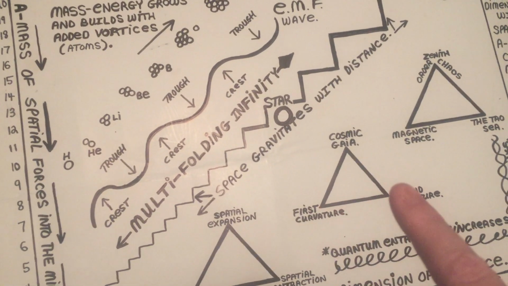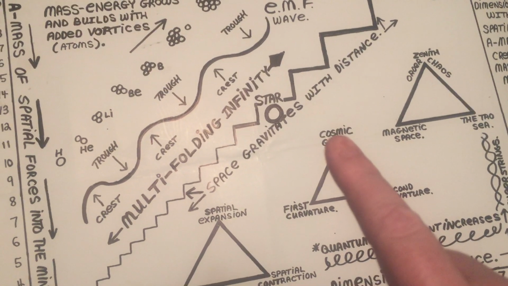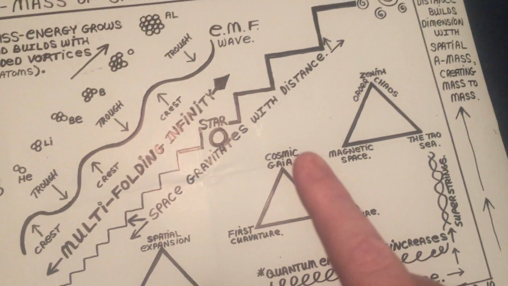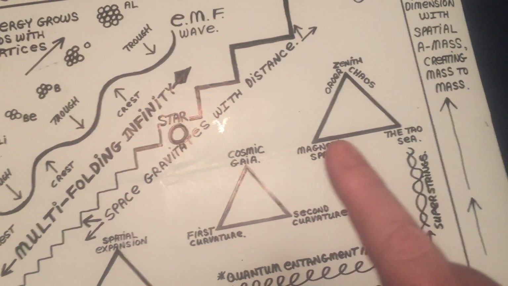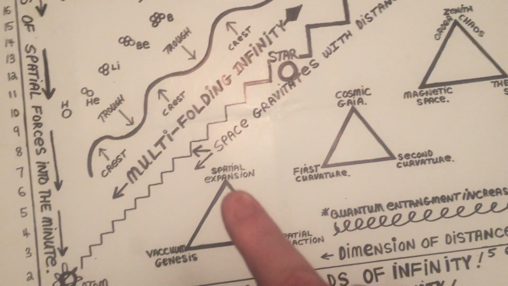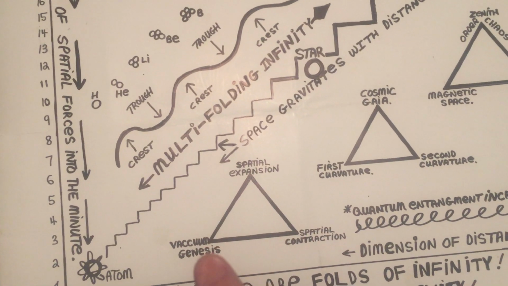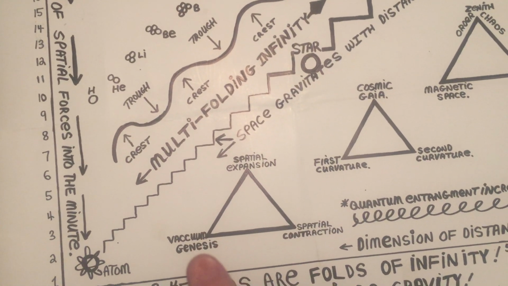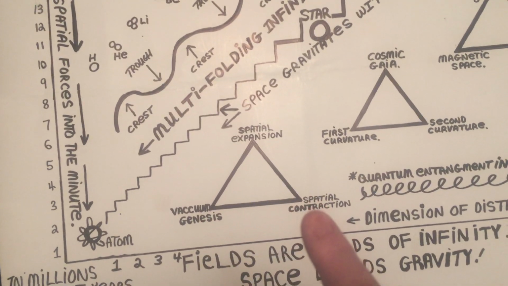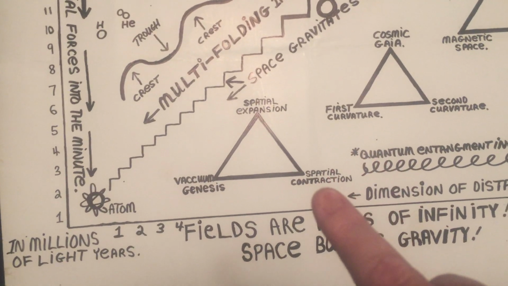The two curvatures create what is known as the cosmic Gaia, the infinity of the universes. This moves down into the spatial, the vacuum genesis of the universe, and the spatial contraction of the universe.